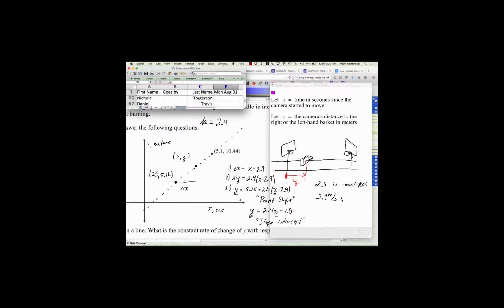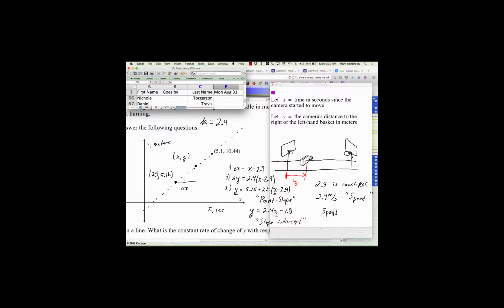And what do we call that quantity about the camera? Velocity or speed? Okay, how do you calculate speed? What's your formula for speed?